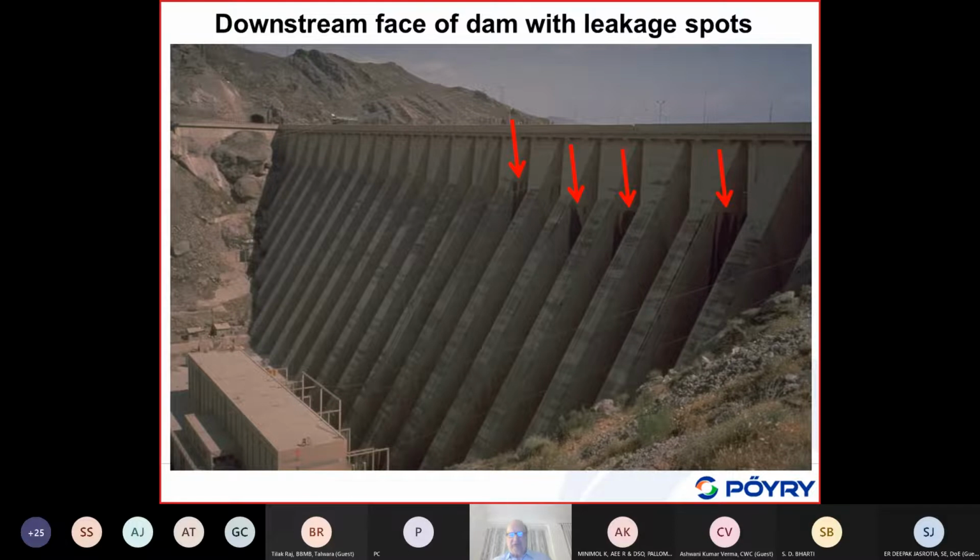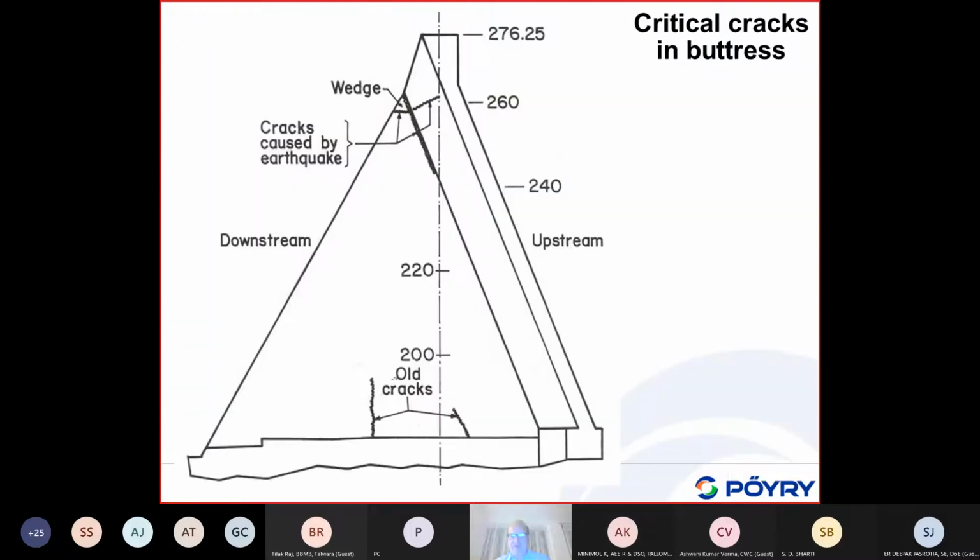In the analysis, of course, people assume the dams to be homogeneous, but this is not the case. The lift joints are weak points. They would need special attention.